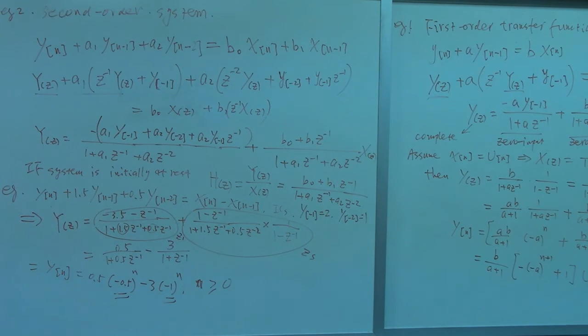Usually, as engineers, we want to design a system. I tell you what I want, you give me the system. I give you these terms: I want my response like this, or oscillating like this, or going to infinity. Then you need to give me the system. So we need to be able to do this back and forth, analysis and design. Does that make sense?